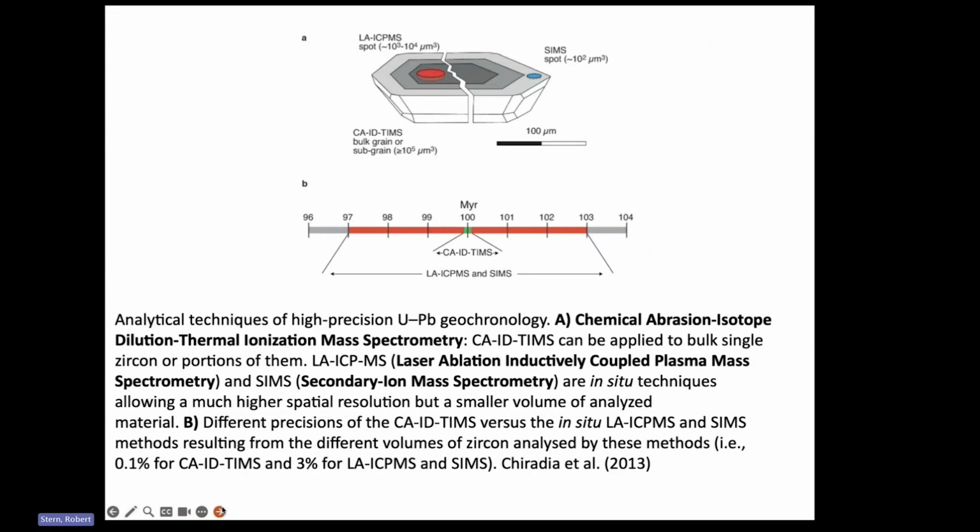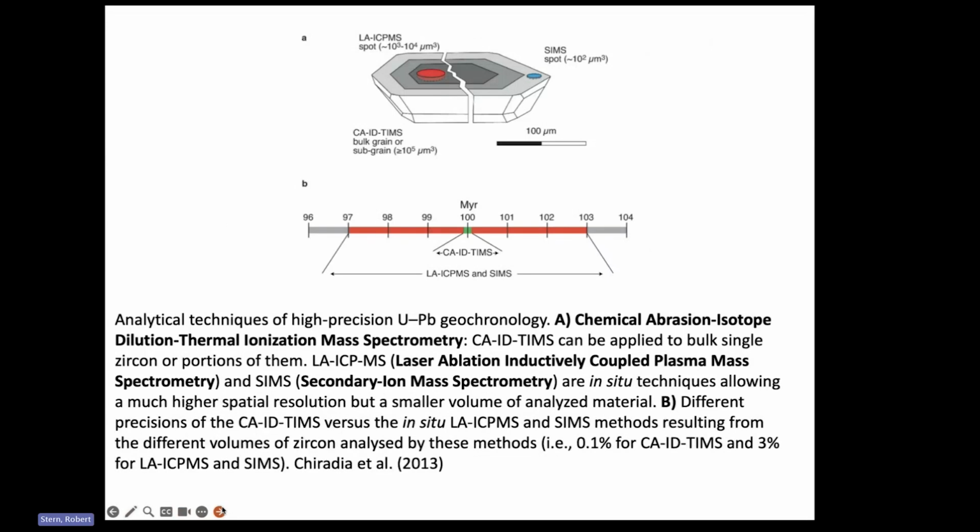And the other great thing about zircon dating is we have three main ways we can do it. They vary in the size of the sample, in the reliability of the age, and in the cost. Let's take them. So there's chemical abrasion, isotope dilution, thermal ionization, mass spectrometry, which is this CAID TIMS.